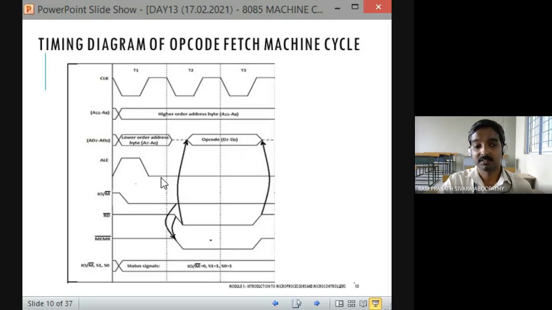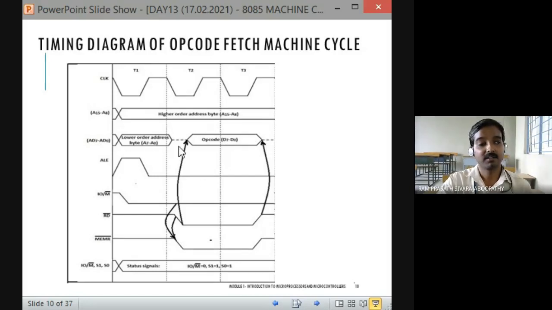Where? Yes, it is stored in the latch. When the latch is disabled, the input to the latch is disabled, but the output will be available. So the higher 8 bits of the address are available on the higher order address lines A15 to A8, whereas the lower byte of the address is available in the latch after the T1 state.